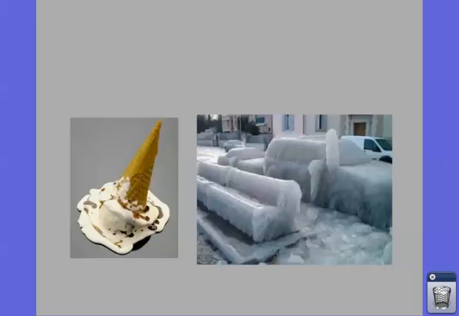So as we add in energy, like what would be happening with this ice cream cone here, the particles move from being a solid, they get a little more energy, and they become a liquid. And if they continue to add in energy, they would ultimately become a gas. The opposite is what would happen over here. This is a neat picture I like, where a water main had broken and sprayed water all over these vehicles when it was cold, and then that water solidified, it became a solid.